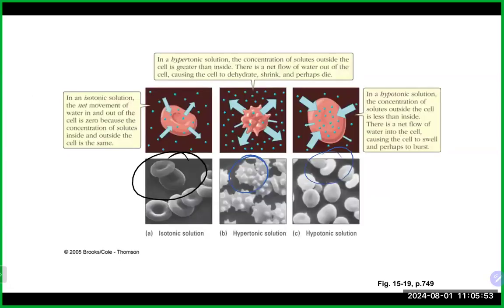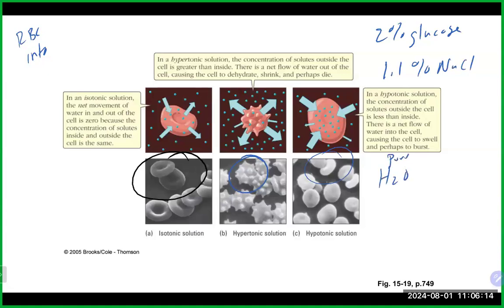So if we look at this, let's just say, for example, we put a red blood cell into the following solutions. We did 2% glucose. We put it into 1.1% sodium chloride. We put it into pure water.